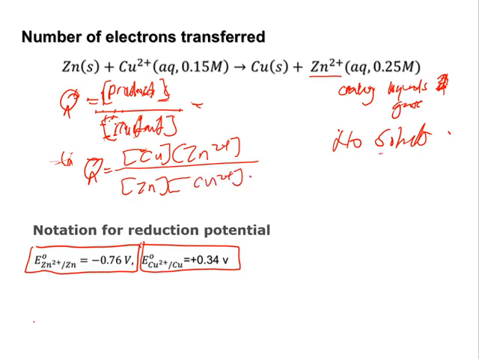Now, like we've said, no solid, so there's a solid here, it's out, and the solid here, it's out. So you can cancel this and this. So what remains are only liquids. So in short, Q is equal to the concentration of zinc 2 plus divided by the concentration of copper 2 plus.